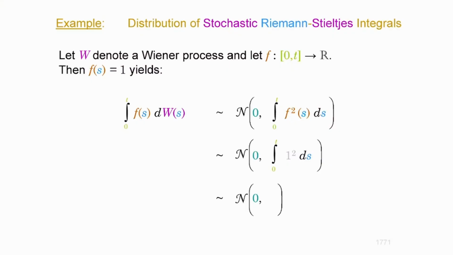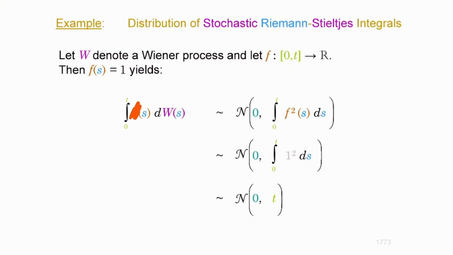And what is the antiderivative of that? The antiderivative of that with respect to s is, of course, s. And if you insert t and then 0 and subtract the two, you end up with t. So that is what the variance of that is going to be.